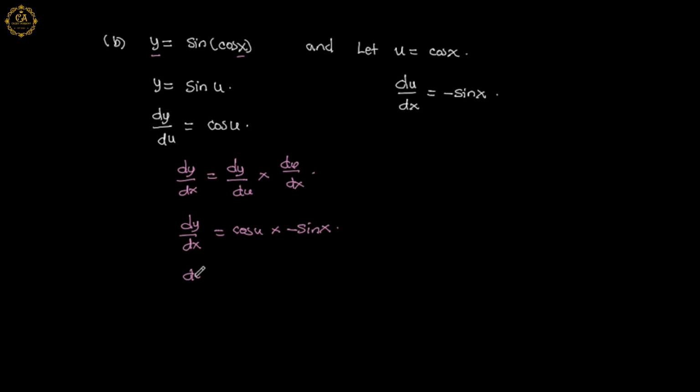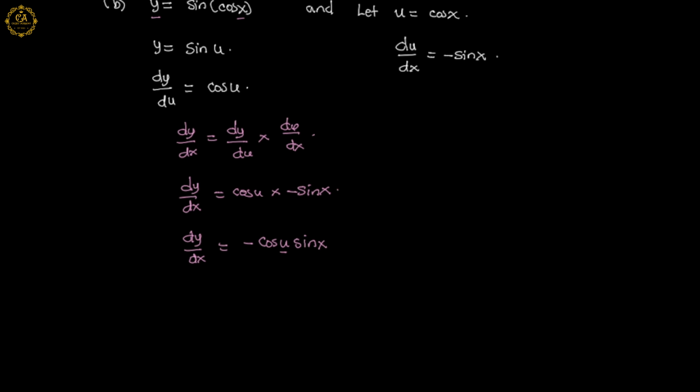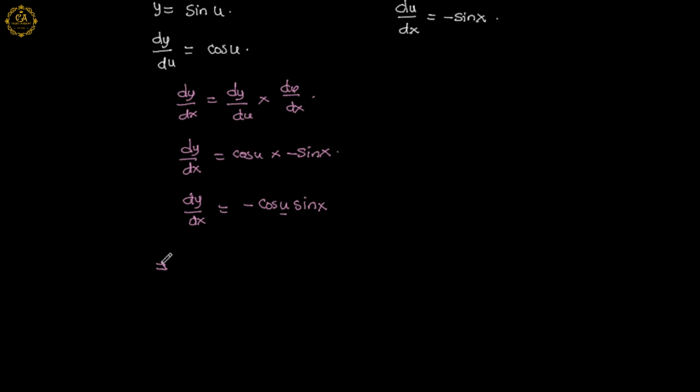Now if we simplify this, we will obtain negative cos u sine x, and we have to write u in terms of x. Therefore, this implies that our dy by dx equals to negative cos x times sine x.